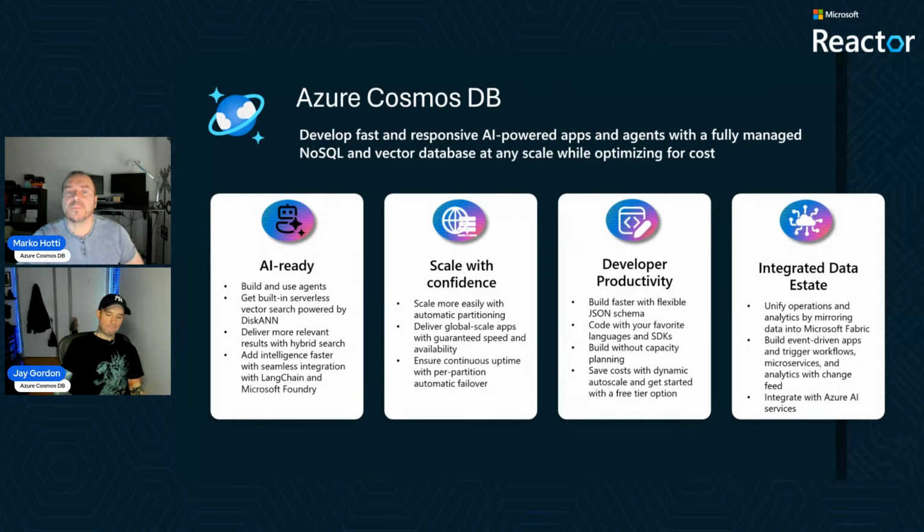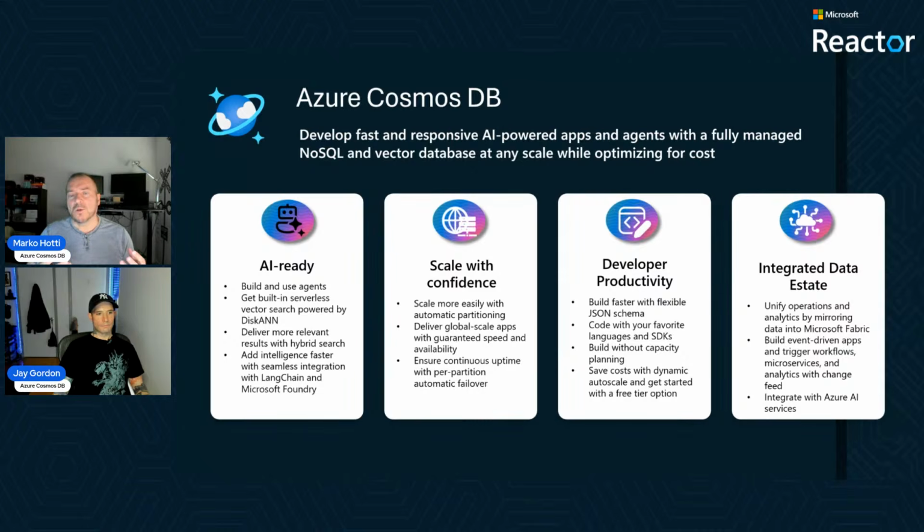Customers use Azure Cosmos DB for a lot of use cases. You can build mobile and web app backends that need fast, scalable APIs and real-time user experiences. You can use it for IoT and telemetry systems, ingesting massive streams of data.